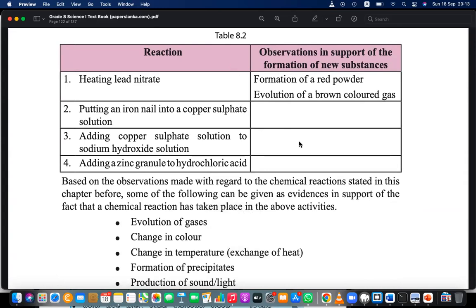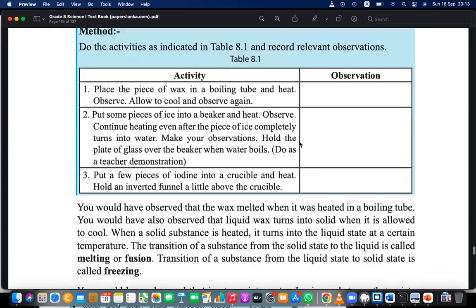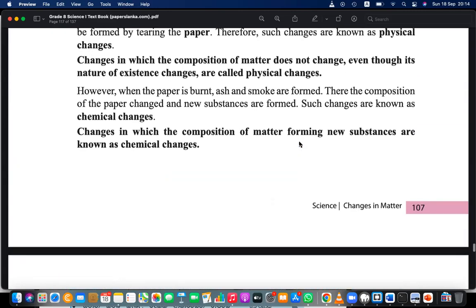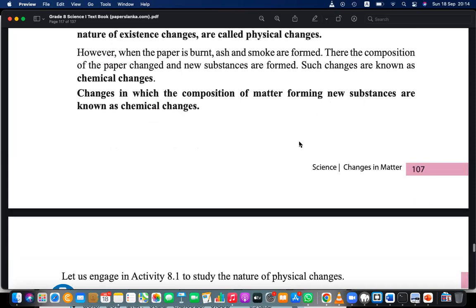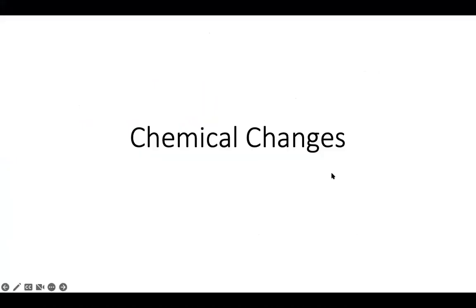How can the composition change happen? It means new substances will form, so a different composition will be there after the result. Let's see how these changes are happening. Let's go to the presentation quickly.